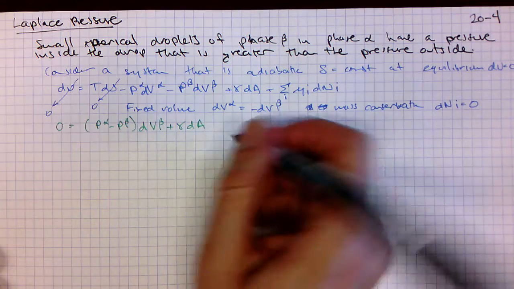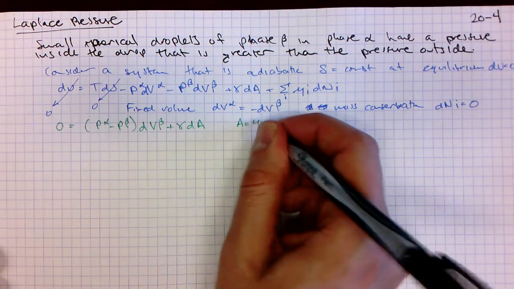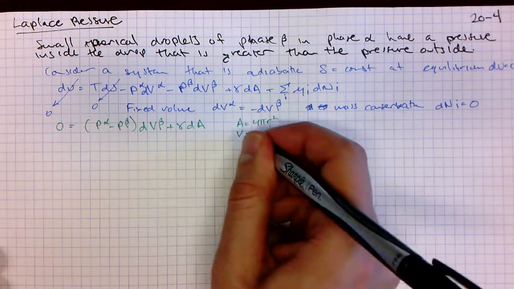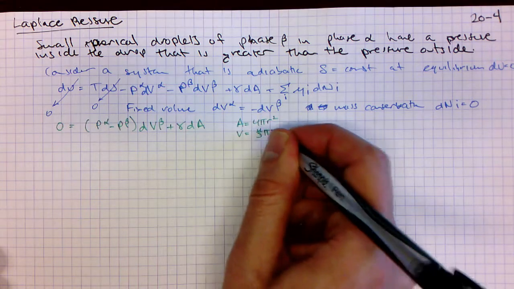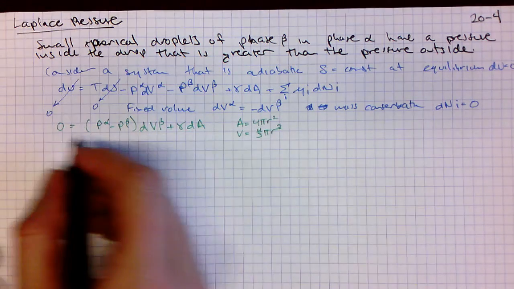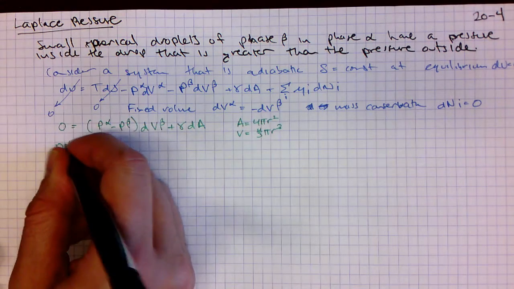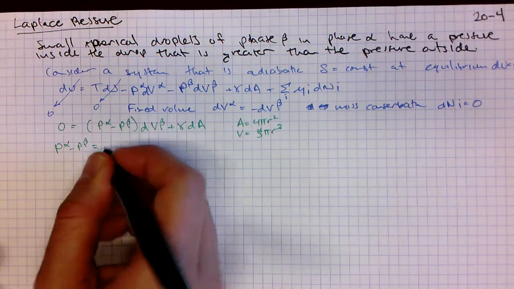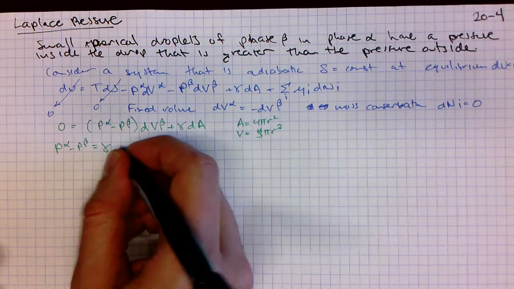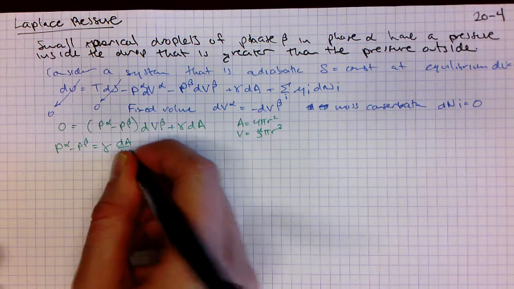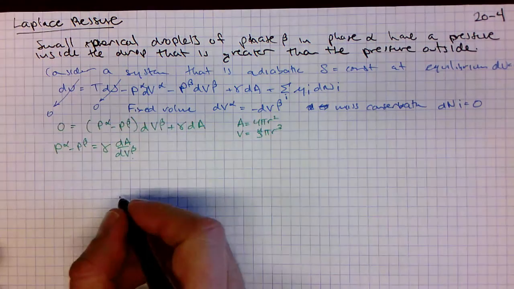And if we assume a spherical droplet, A is equal to 4 pi r squared, V is equal to 4/3 pi r cubed, and what we can see in this equation is that P alpha minus P beta must be equal to gamma dA/dV beta, where V beta is the size of the drop.